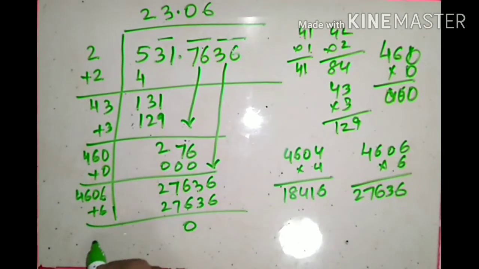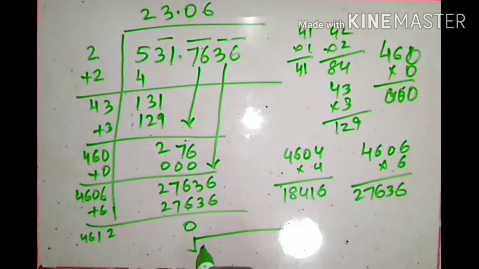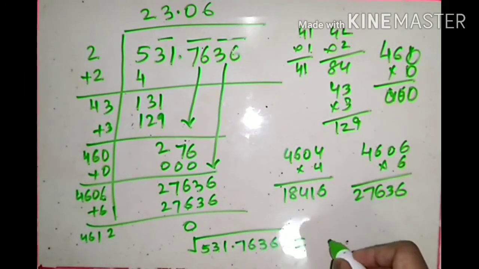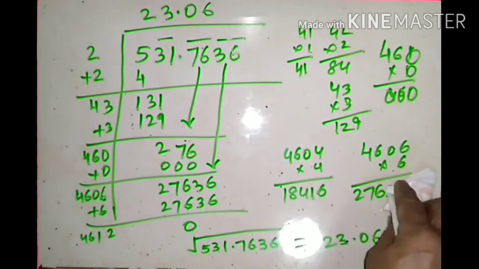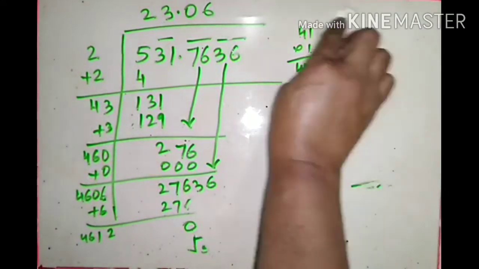Remainder is 0. We have 124612. So the square root of 531.7636 is equal to 23.06. 2306 multiplied by 2 is 4612. So this answer is correct.